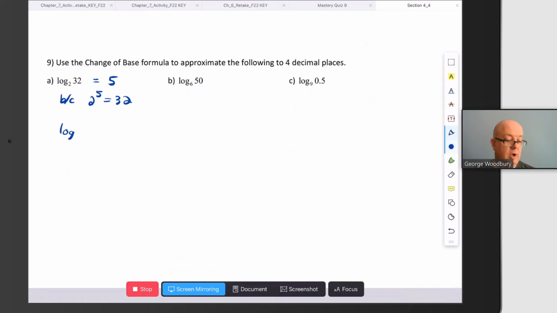So we'll do log 32 divided by log 2, and we'll also do the natural log of 32 divided by the natural log of 2. Now you shouldn't do both of these. You should pick one and do it. We're going to use ln a lot more than log, so I would recommend just using the natural logarithm, but you can use either one as long as you use it in both the numerator and denominator.